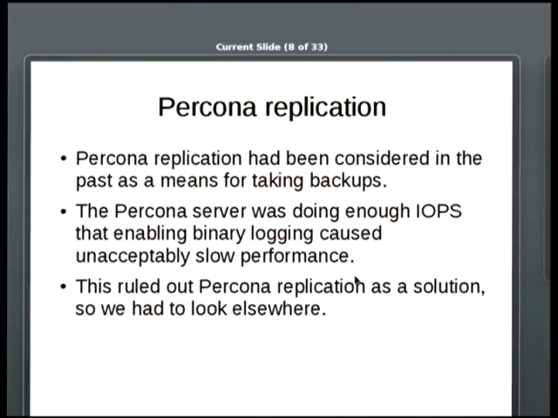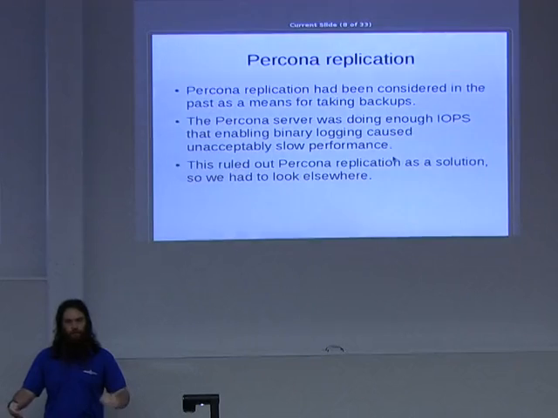Okay, so the obvious solution to this would be to use Percona's built-in replication. Unfortunately, we had tried to do Percona replication a few months prior as a means for doing backups. It turns out that due to the very heavy write activity on this particular server instance, if you enable binary logging to do replication, what binary logging effectively does is, in addition to writing the data out to the database itself, it keeps a log of it on disk.